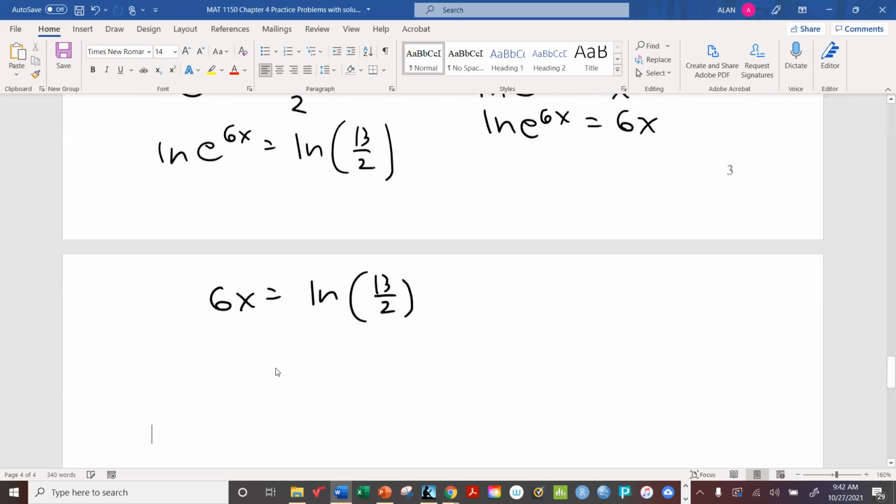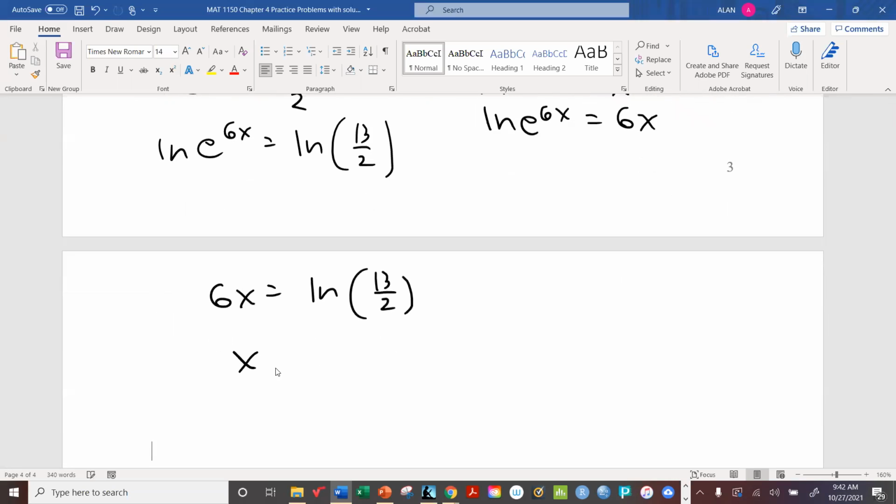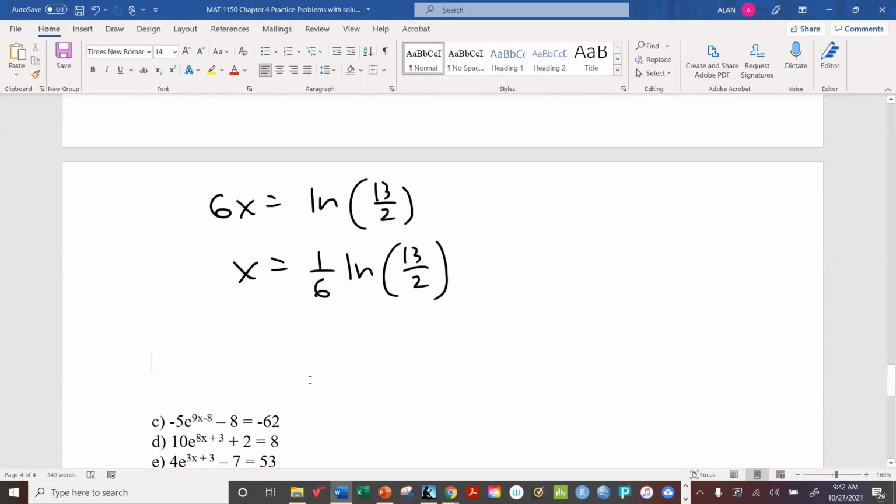And then now we're done because we just have x equals 1/6 of log 13 halves. All right, very good.